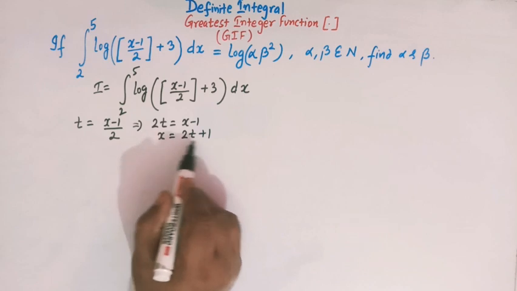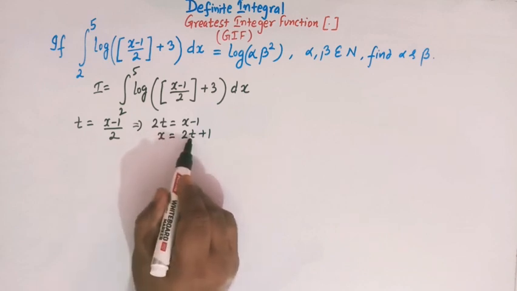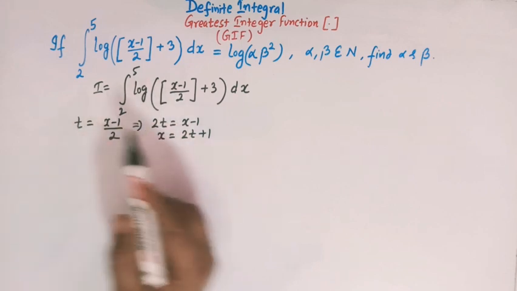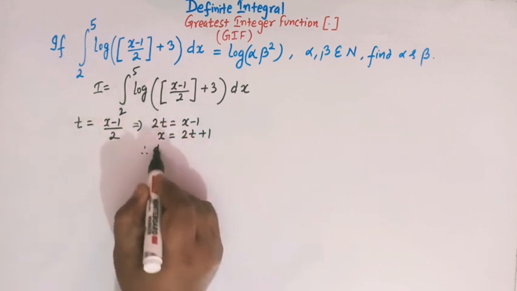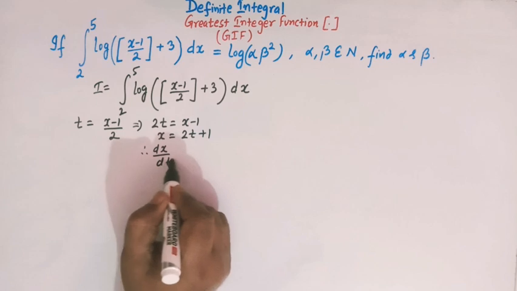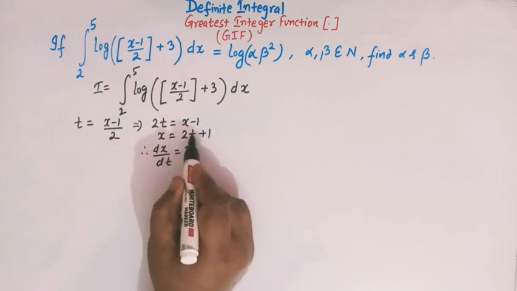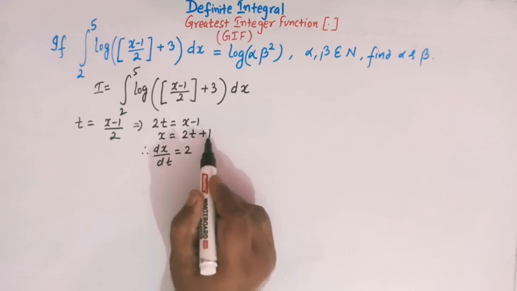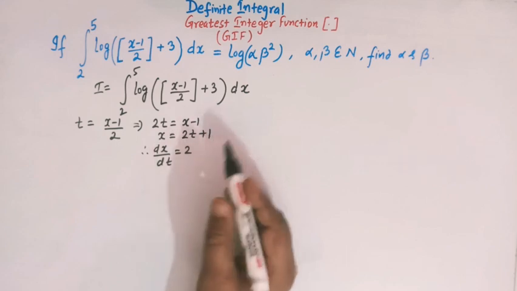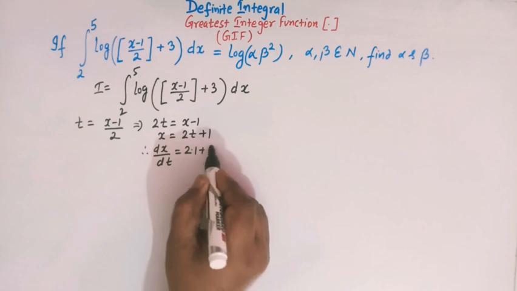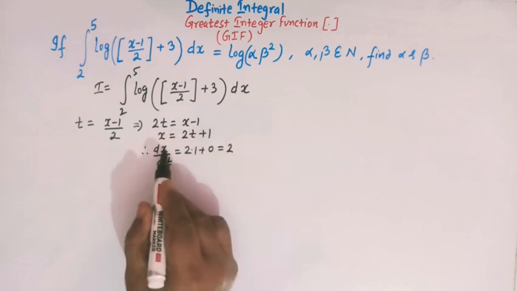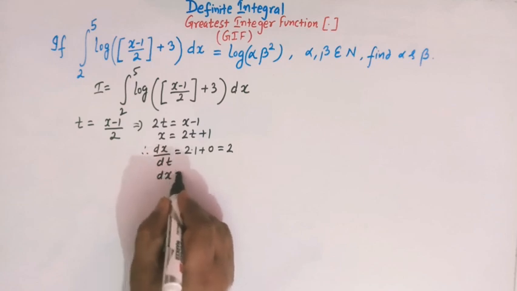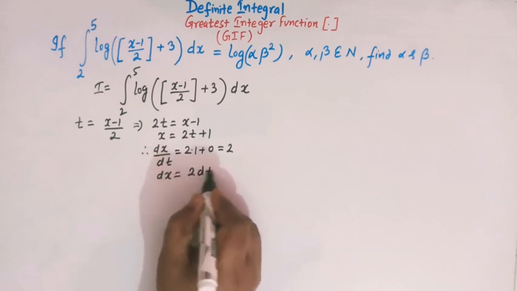This is the relation between x and t, as we are changing the variable x to t. Now dx over dt is equal to 2, because the derivative of t is 1 and the derivative of 1 is 0, being a constant function. So dx can be written as 2 dt.